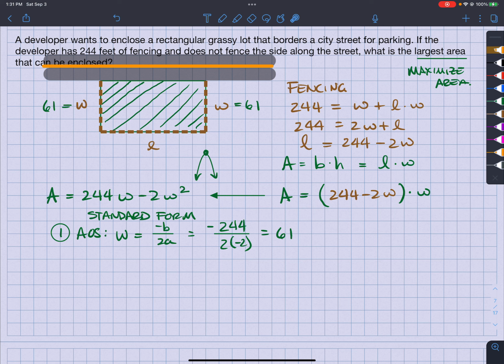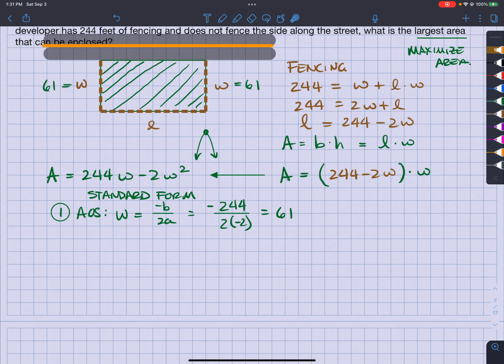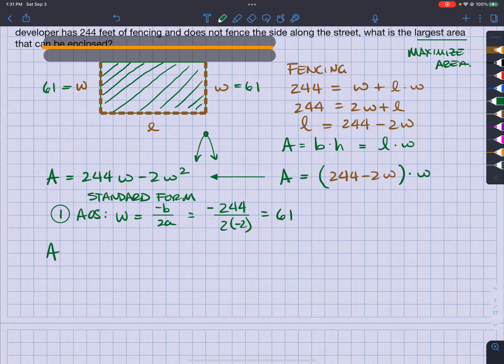I can plug this W back in here to find my area. So the area is equal to 244 times 61 minus 2 times 61 squared.